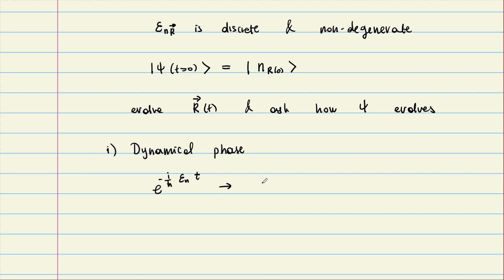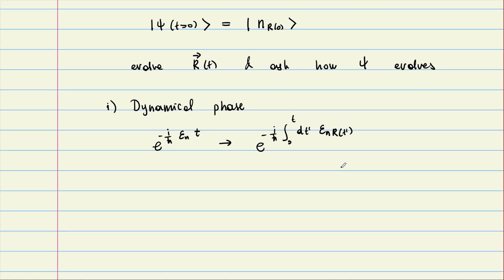So this dynamical phase takes the form e^{-i/ħ ∫_0^t dt' E_n(R(t'))}. But in addition to this, because of the complex nature of eigenstates, we also allow a so-called geometrical phase, and this will turn out to be Berry phase.